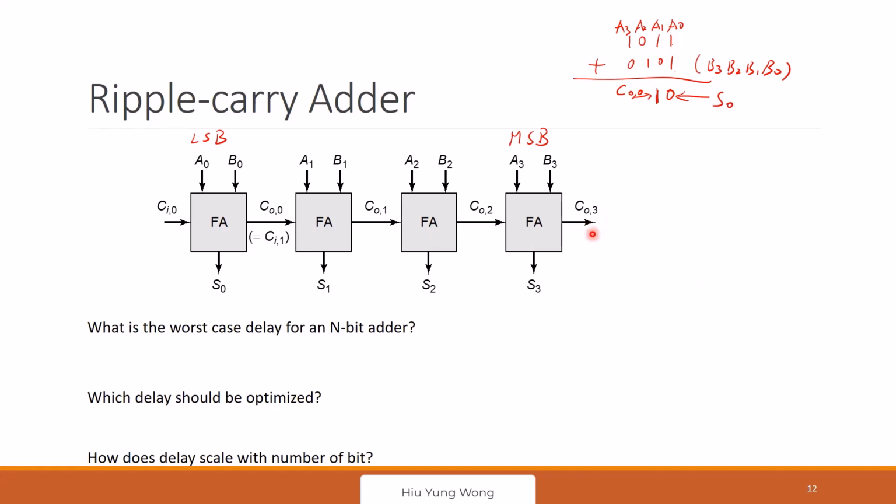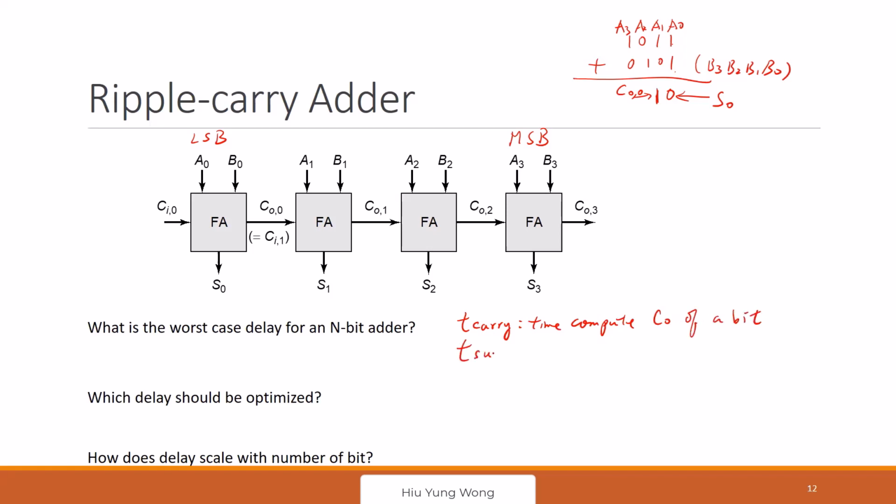It needs to have finished when it reaches here, correct? So what is the worst case delay of the n-bit adder? So we need to define two things. One is the T carry, the time to compute the carry out, C out, of a bit.